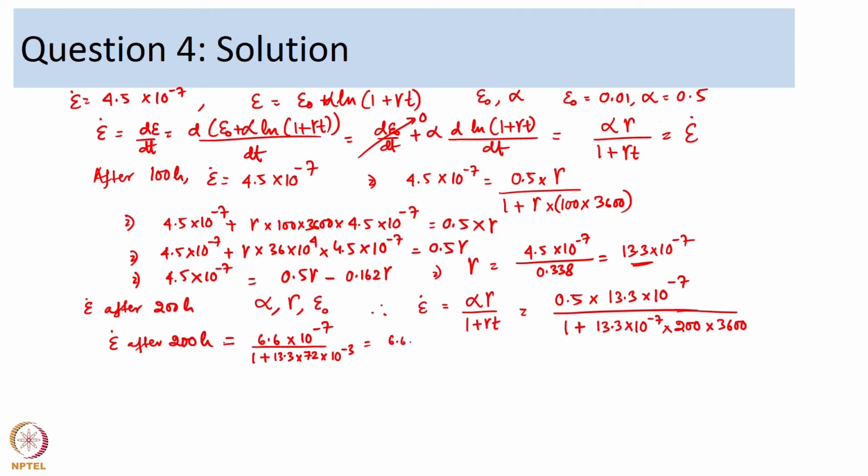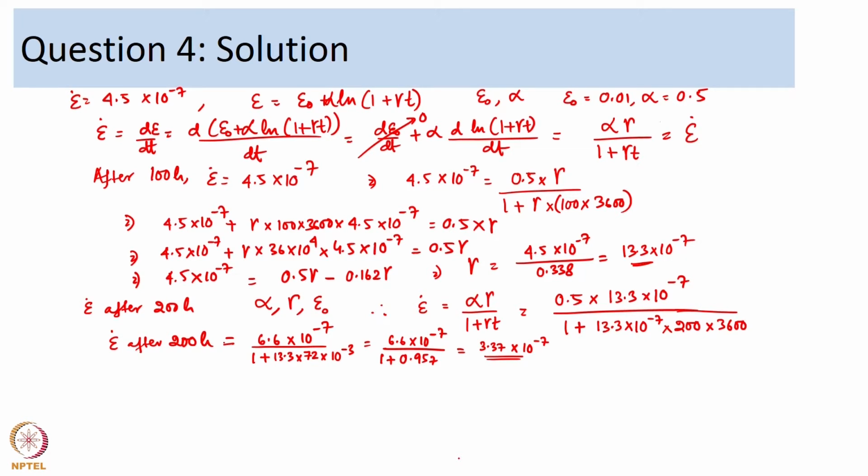So, that is equal to 6.6 into 10 to the minus 7 by 1 plus 0.957, 6.6 divided by 1.957. So, that is equal to 3.37 into 10 to the minus 7. So, the strain rate of deformation after 200 hours is 3.37 into 10 to the power minus 7.